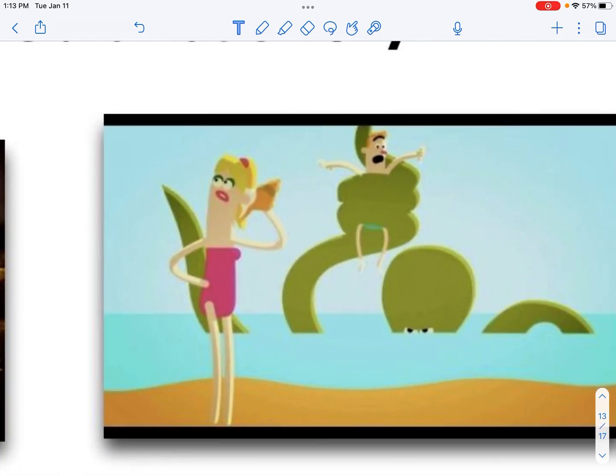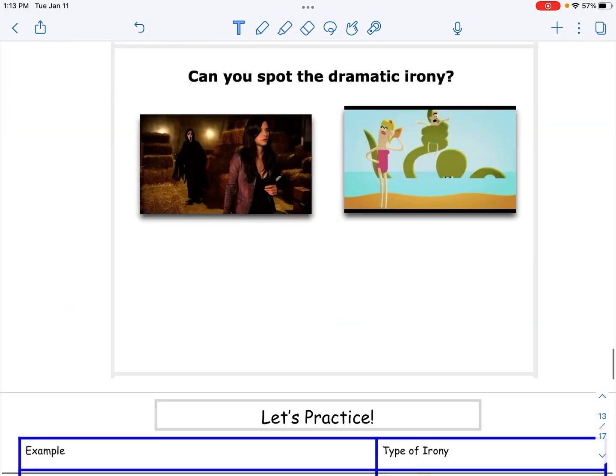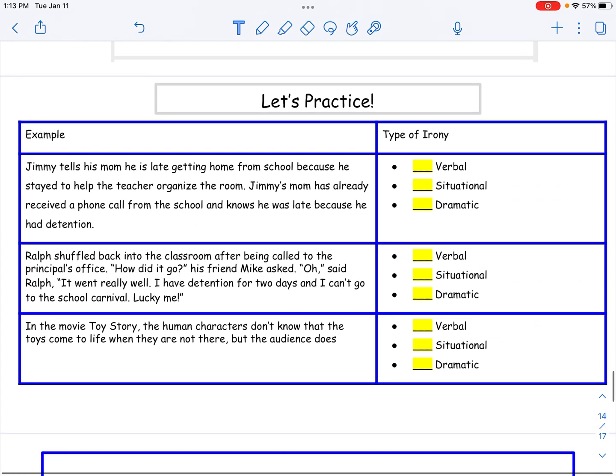And then this couple on their honeymoon on an exotic beach look like they're having the time of their life. The wife seems like she's enjoying herself. Little does she know that her husband is being attacked by a giant octopus behind her. All right, so what I'd like you to do right now is pause the video, read these 3 examples, and then check off what type of irony it is.